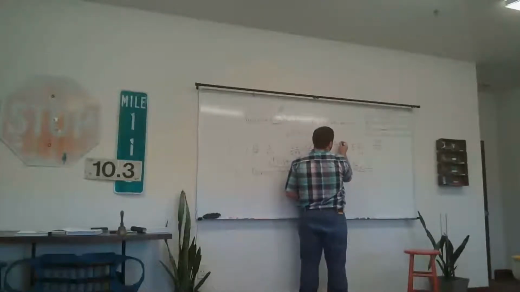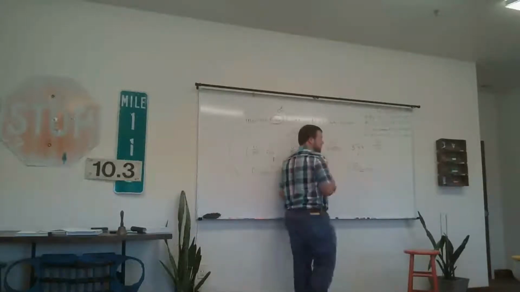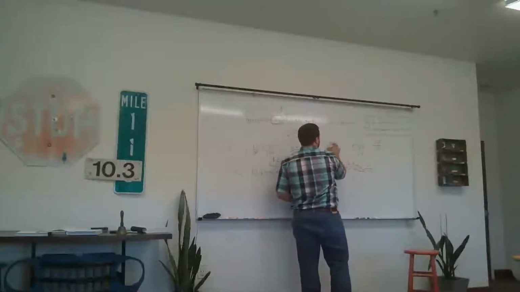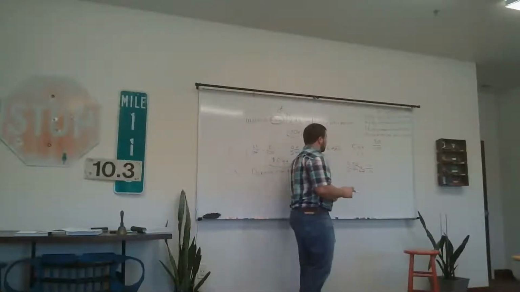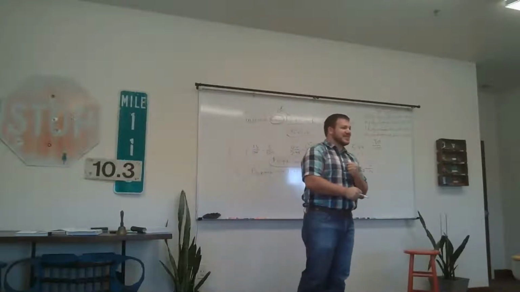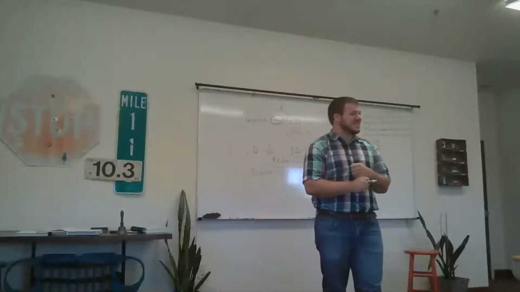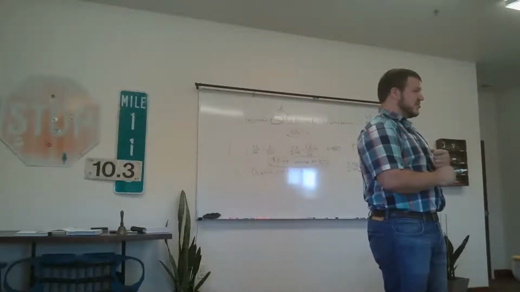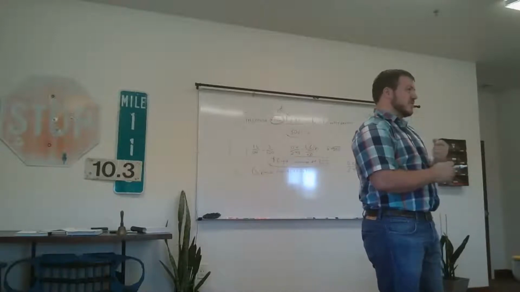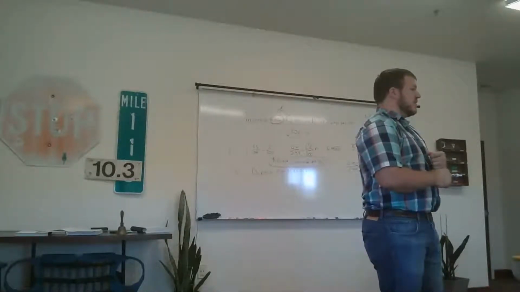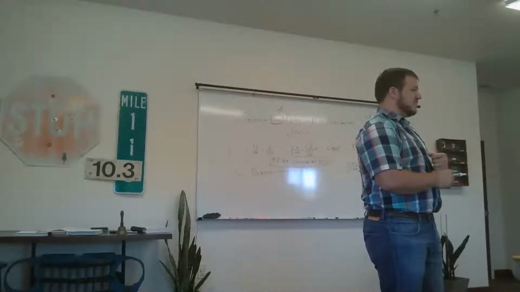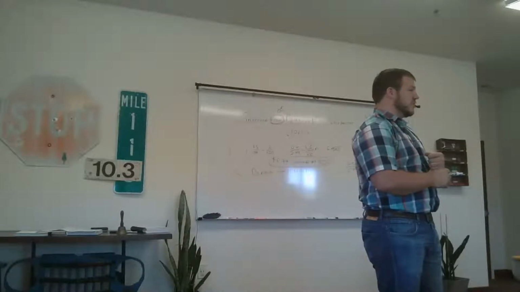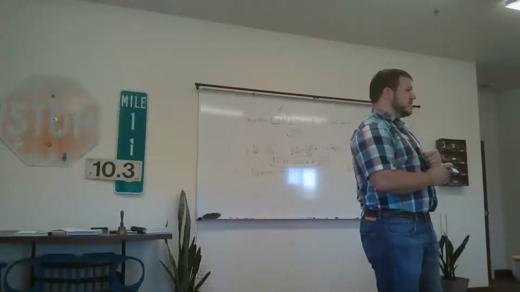So you get 50 divided by 6.49. What's that? It's 7.704, and you would round that to 8%. I got it right, wow.